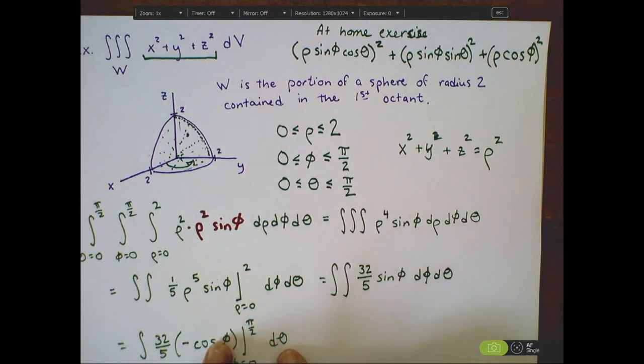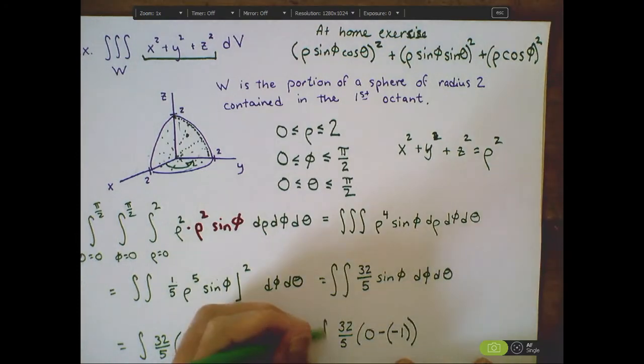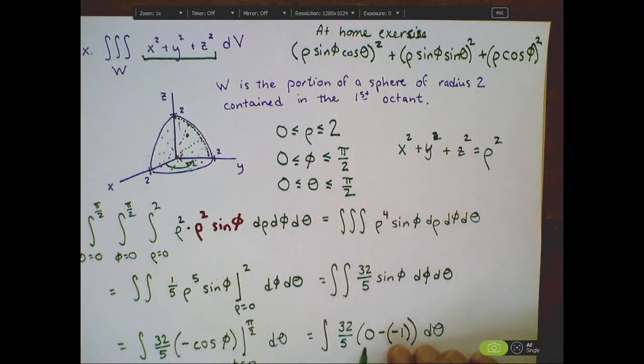So the cosine of pi over 2 is 0. So I get 32 over 5 of 0 minus, the cosine of 0 is 1, so it's minus negative 1. Not forgetting the outermost integral.